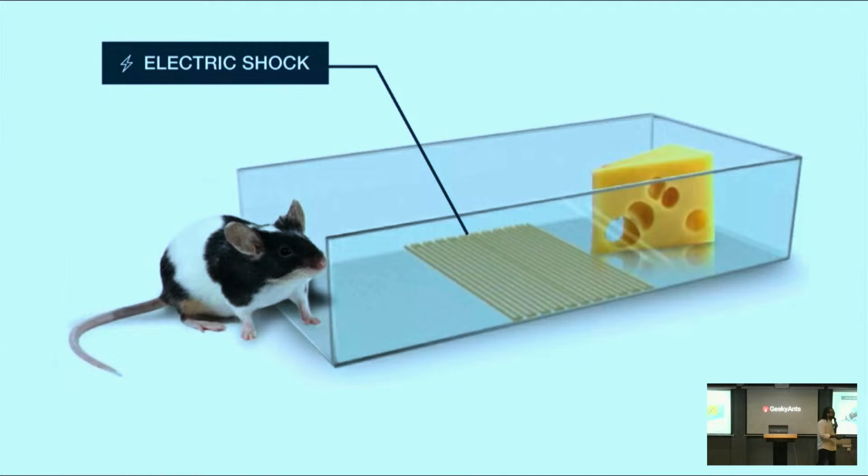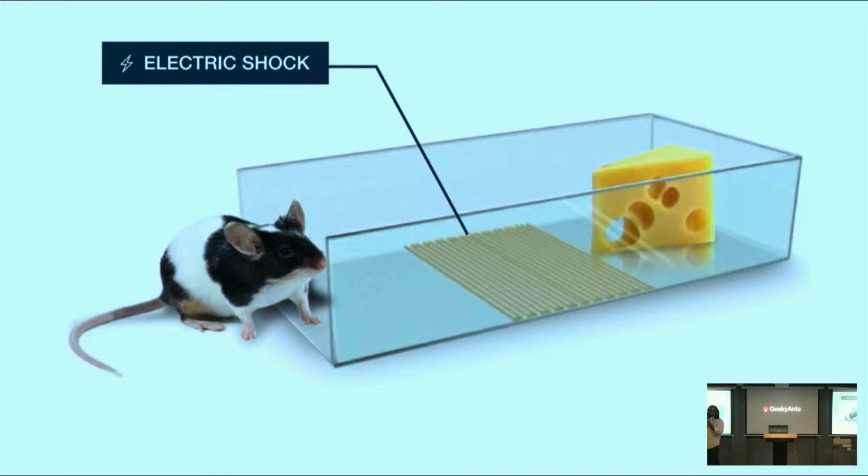What they found is that when the cheese is significantly bigger compared to the electric shock, the mouse is happy to go through the shock and get the cheese. When you reduce the cheese size, the mouse is not motivated. Similarly, when you increase the electric shock, the mouse is also not motivated. So there should be a ratio where the cheese is big enough that the mouse will travel through the electric shock.